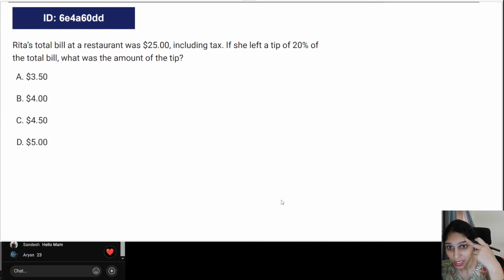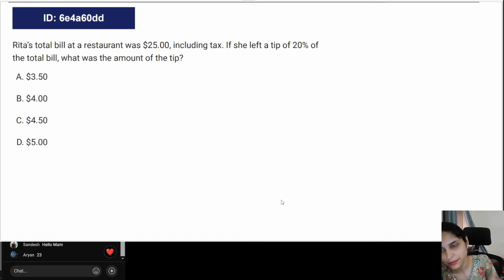So Rita's total bill at a restaurant was $25, including tax. If she left a tip of 20% of the total bill, after she has the tax, she's also giving a tip that is 20% of the total bill. What was the amount of the tip?